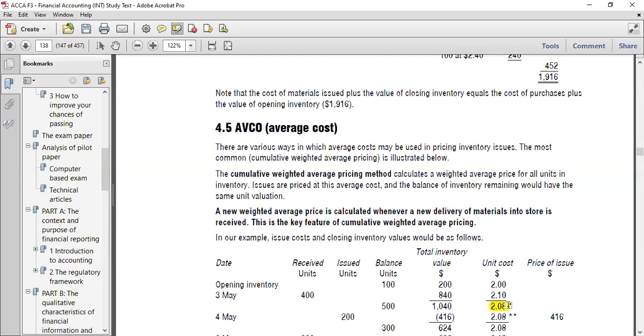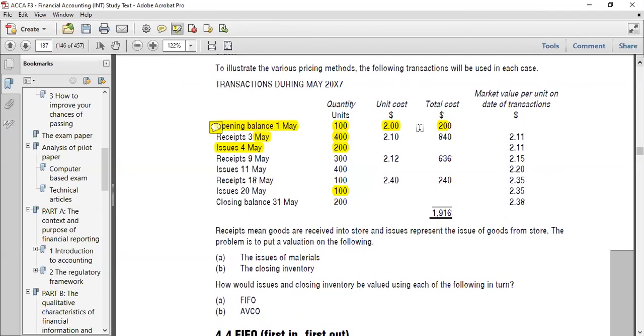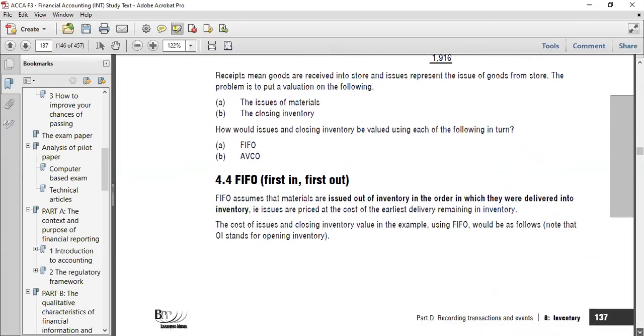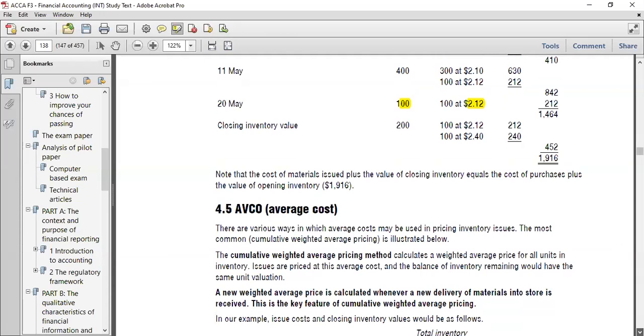Now, because they have called it weighted average, some students go on and miss this. They just want to get 2 plus 2.10 and divide by 2 and think that is the average cost. But remember, here we are looking at the weighted average, so we are using the weighted average formula, and that is why we also have to look at the units.